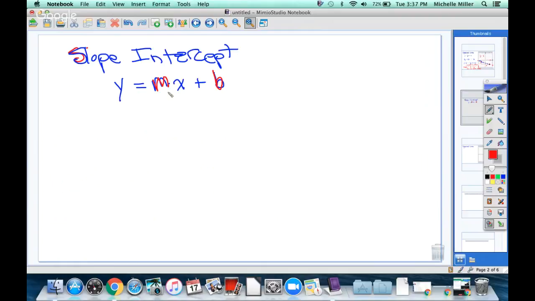So like in the previous example, my m was -1/3 and my b was -4. b represents the y-intercept, or at least part of it, the y value. And technically a y-intercept is a point. So that would be the point (0, -4).